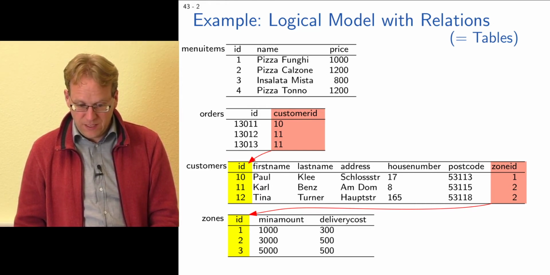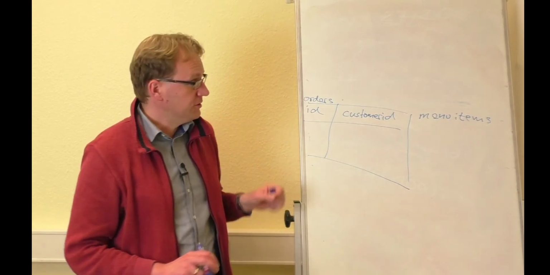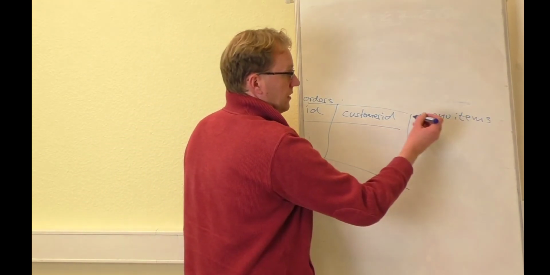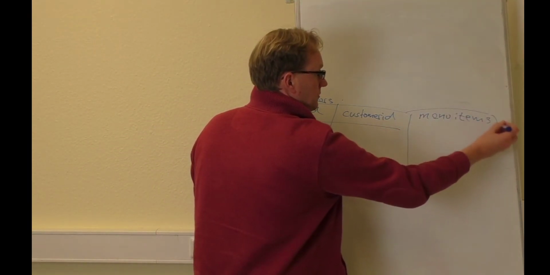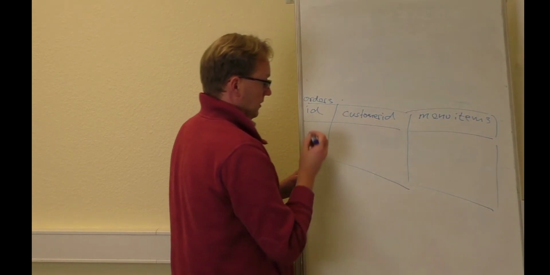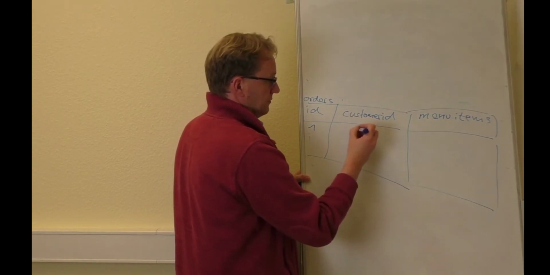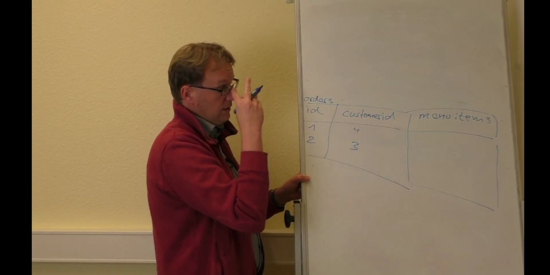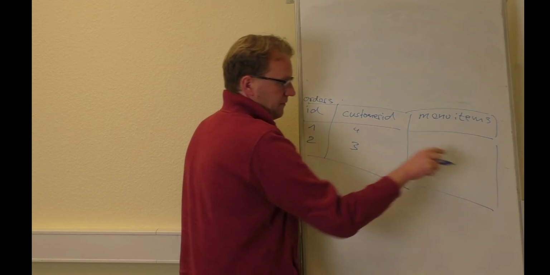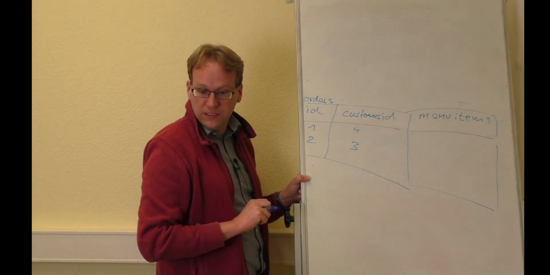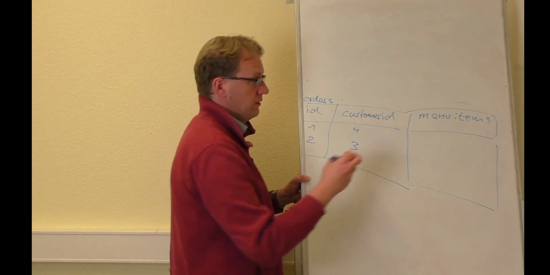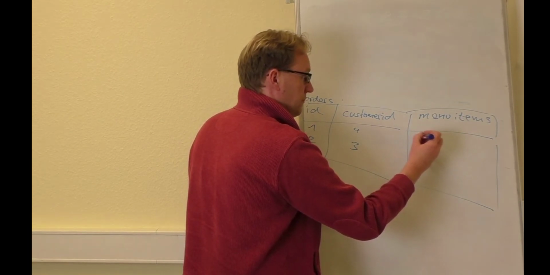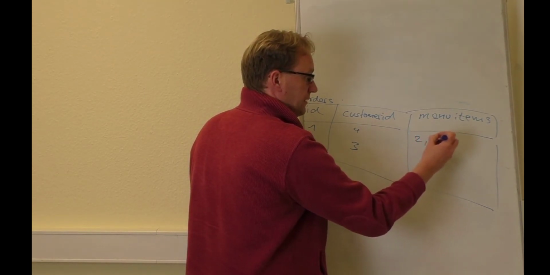And now we may have the idea to introduce an additional column. Maybe we have order 1, customer ID 4, order 2, customer ID 3. And now we could have the idea to keep in this menu items column maybe all the menu items that were ordered in that order.